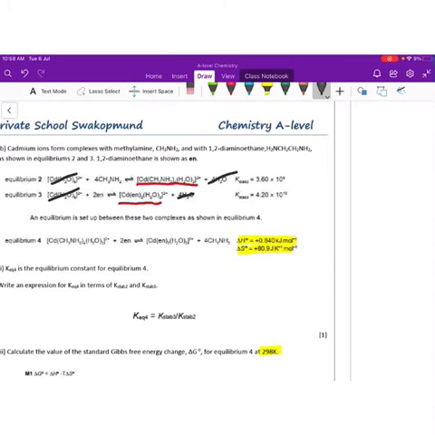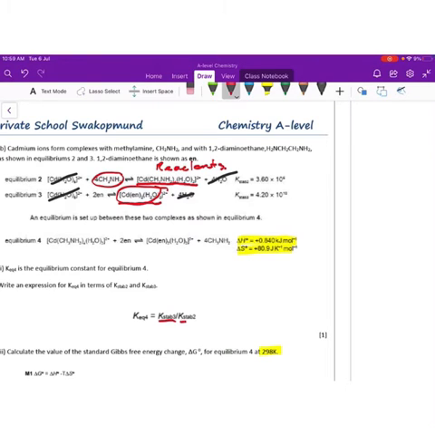So this becomes my reactants, and then these two are my products that form in there.